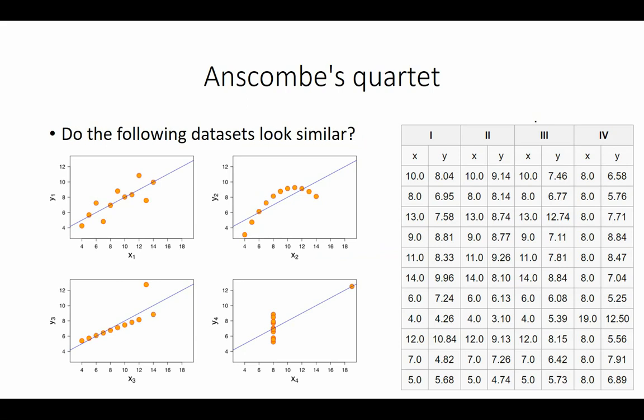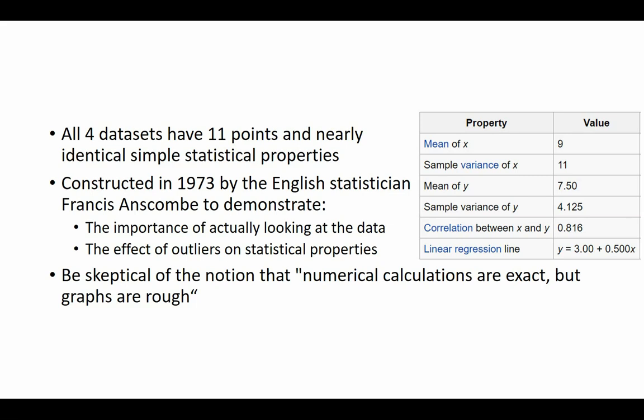OK, so if you are a blind statistician, you may think that those data sets are exactly the same. But if we actually look at them, we understand that they look very different. This is an artificial data set that was specifically constructed for this educational purpose in 1973 by the English statistician Anscombe, who wanted to demonstrate a few important things that he thought statisticians at the time didn't appreciate enough.